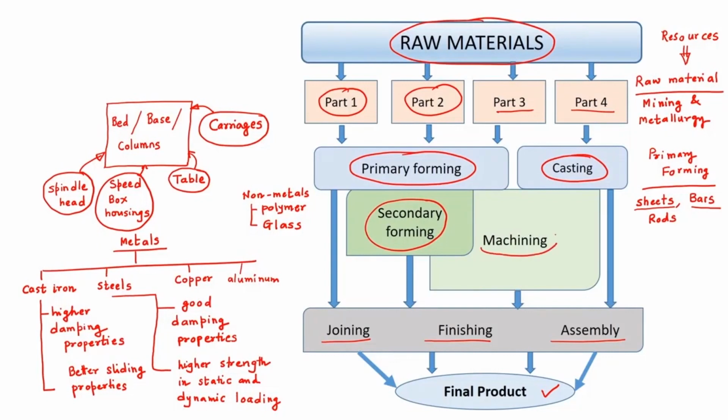The surface may have dust, dirt, and the surface may not be as per the required accuracy. So, for that purpose we need to carry out a finishing operation that we call the machining operation. The machined castings can be utilized to make the final product.